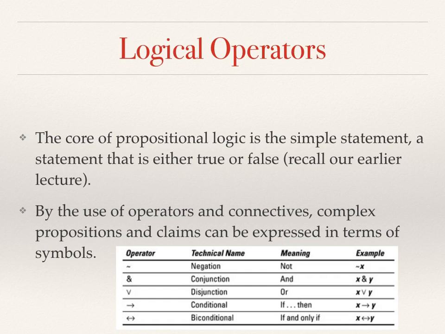The disjunction is the wedge, and that's either you will pass or fail the class. So that's the disjunction. The conditional is the horseshoe in the text. Sometimes it's a single arrow like we have here. And the conditional is if then.